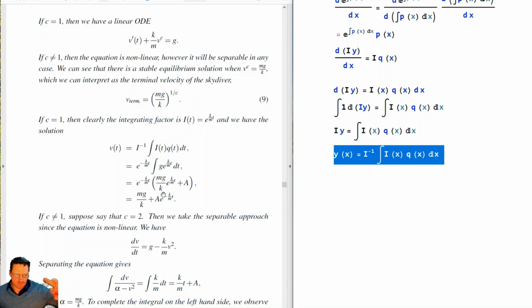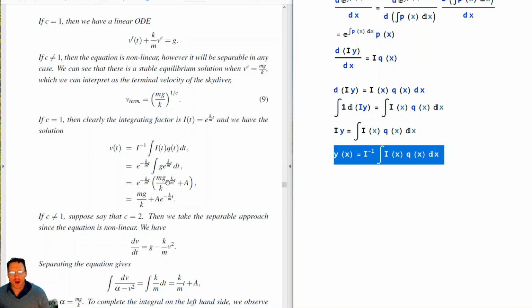So in other words, the inverse of that constant, k over m, is just m over k. And so multiplied by the g that was already there. Okay, then plus a constant of integration. Let's call it a here. Now, we want to simplify this expression, multiply in by e to the power of minus kt over m.